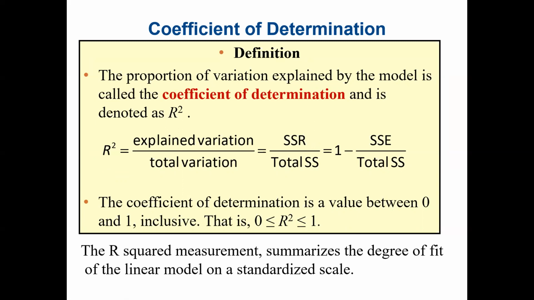The actual formula here will be SSR divided by total SS, or 1 minus SSE divided by total SS. The values are between 0 and 1, whereas the Pearson correlation is from -1 to 1.